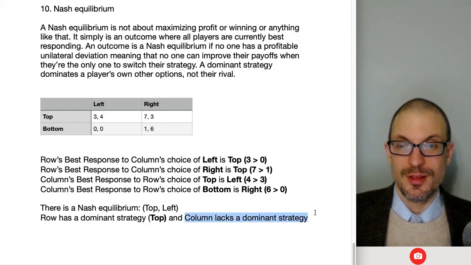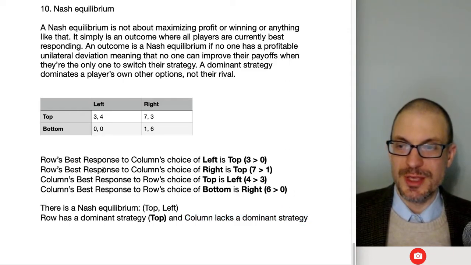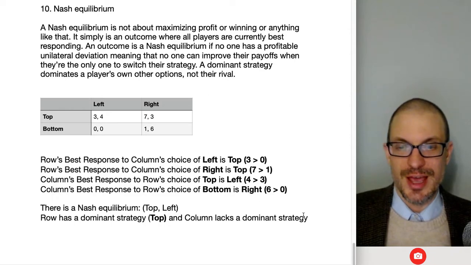Is this a coordination game, or is it an anti-coordination game? Neither. It's not either a coordination game or an anti-coordination game, and the reason why is because row has a dominant strategy of top, right? If one of the players has a dominant strategy in a 2x2 matrix, you don't have a coordination game, right?